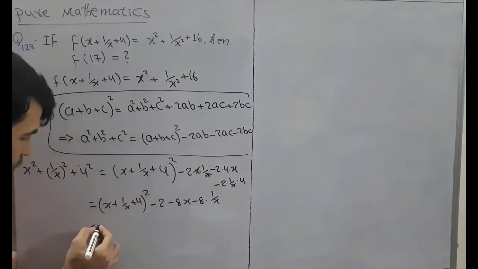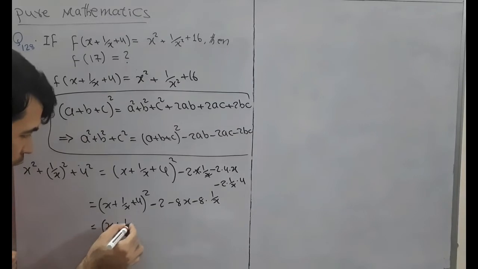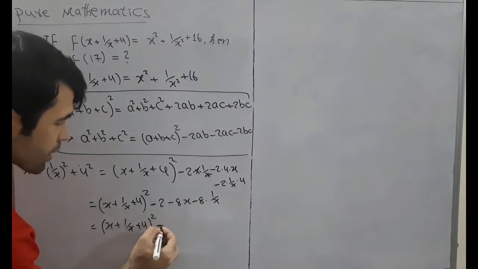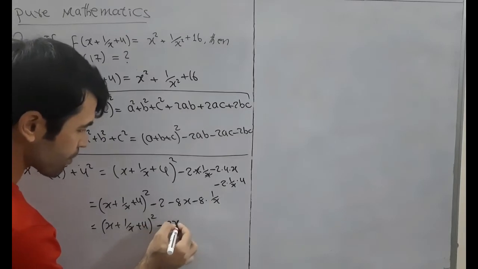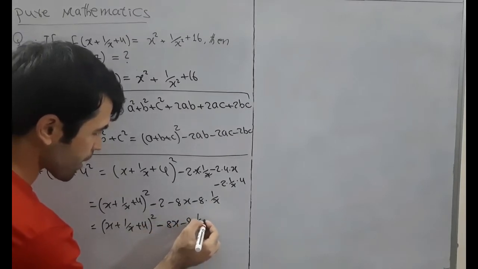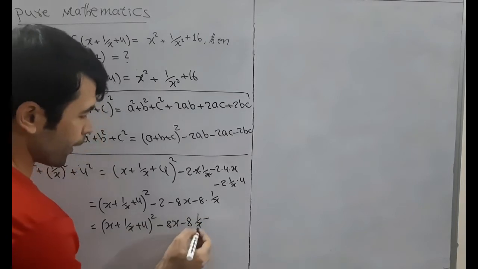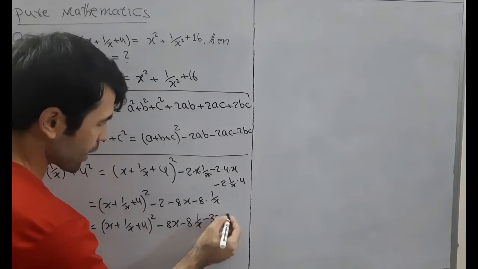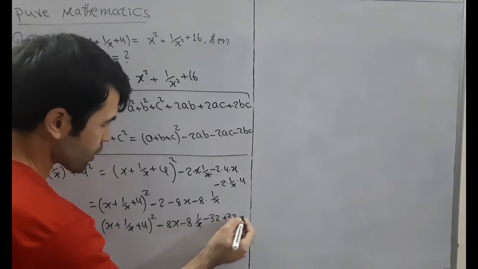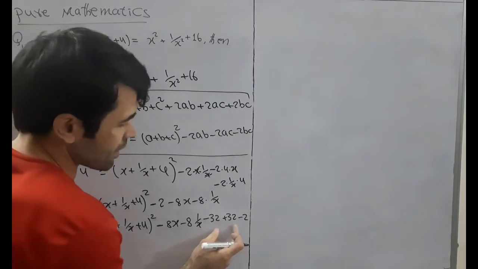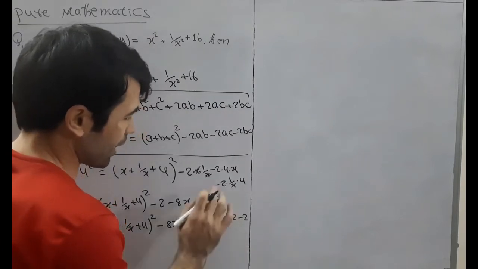It is equal to (x plus 1 over x plus 4) whole square minus 8x minus 8 into 1 over x minus 32 plus 32 minus 2. Just we add minus 32 plus 32. Actually, we didn't add anything.